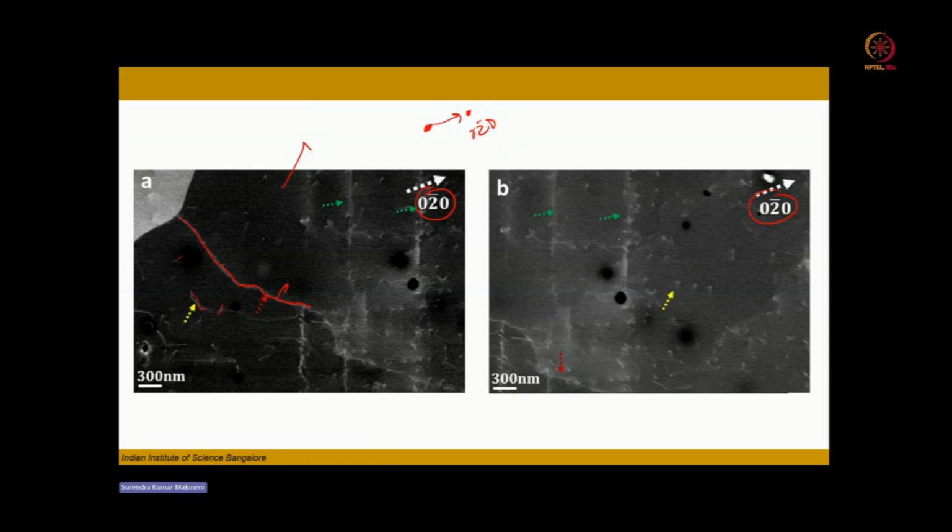Correct? So you are only channeling the 02̅0 through the lattice, so they get absorbed. But due to the presence of defects, there will be backscattered electrons generated from those regions at a higher intensity relative to the surrounding. So that's why your surrounding appears dark. However, the defect locations are the bright regions.